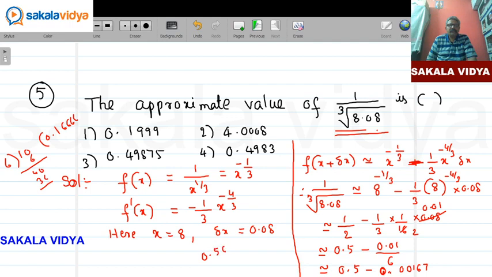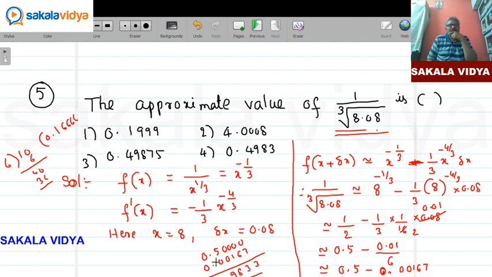0.5 minus 0.00167, subtracting, this will be 0.49838.